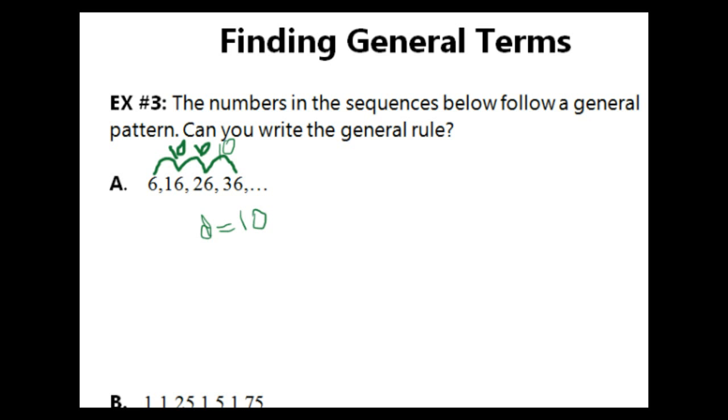Now, if you look back to your definition of the general pattern, we are going to write the rule as a sub n using the first value. So we have 6 plus n minus 1 times d, which is 10.